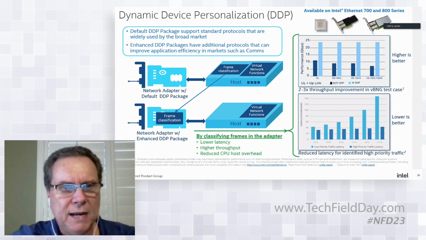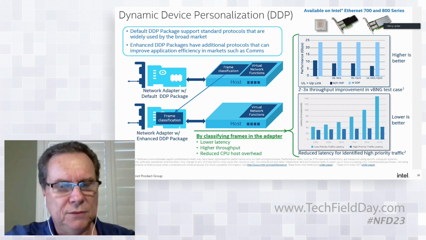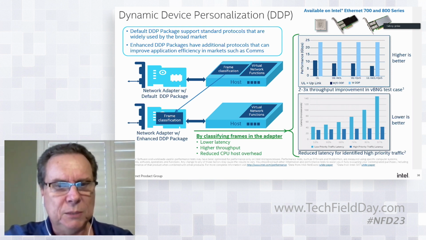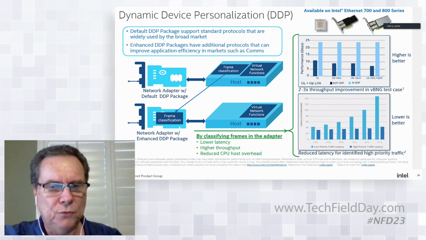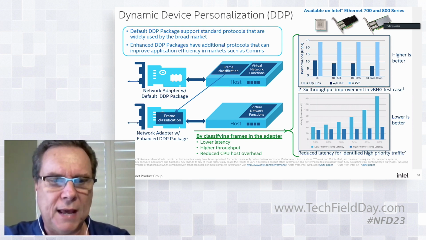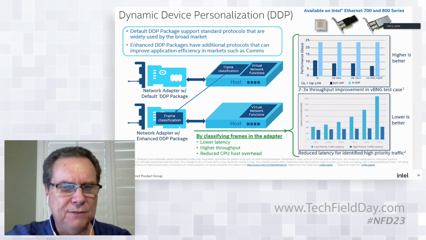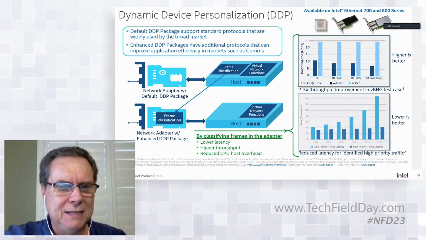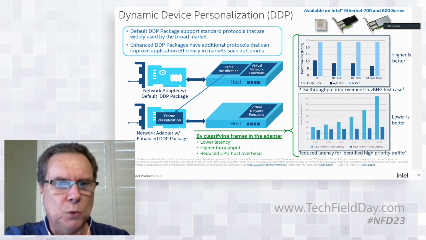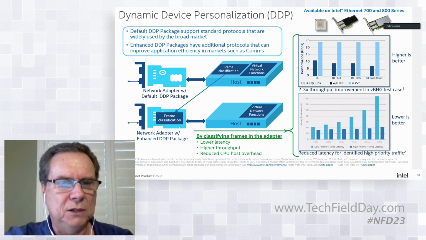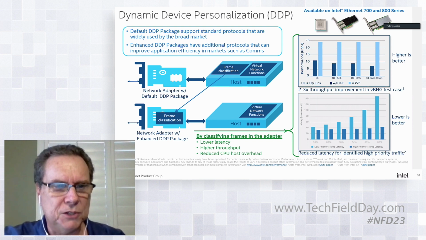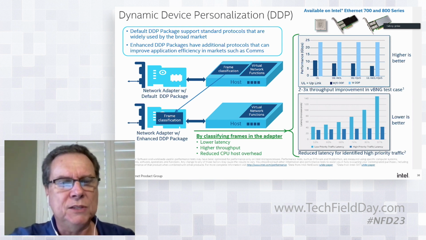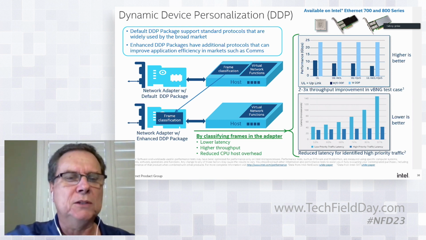So DDP, dynamic device personalization, this is a high-level view of what it does. It's really the ability to move frame classification from the host into the network adapter. If you didn't have that classification, for example, if a frame comes into the adapter that can't be classified, maybe it's one of the more advanced protocols, a new tunneling protocol or such, and the adapter doesn't know what it is, it has to go to a default queue and be sent over to the host.